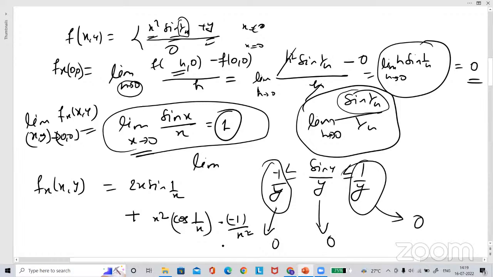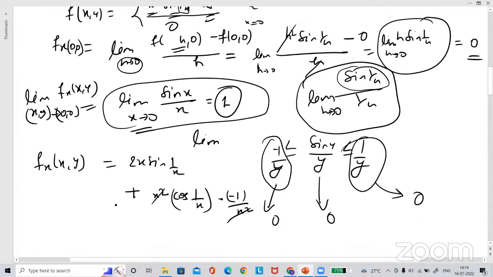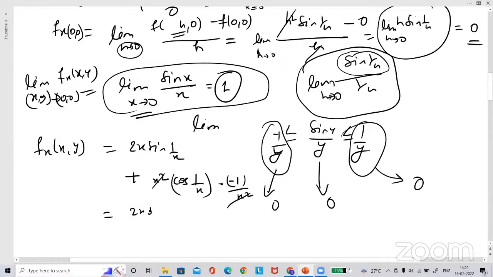So finally you have this function 2x sine 1 by x minus cos 1 by x. This is the function when x is non-zero.